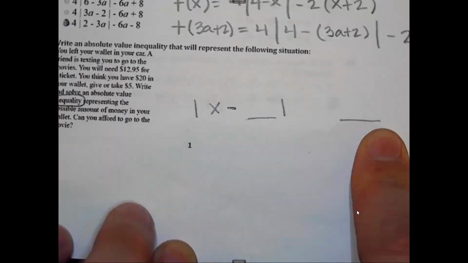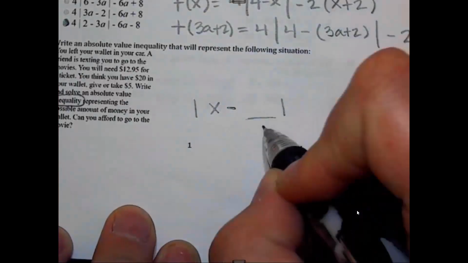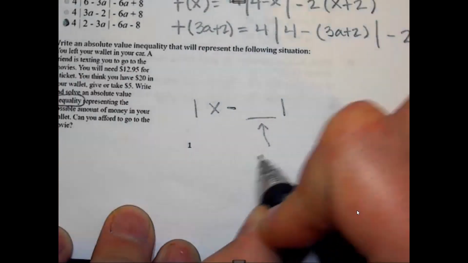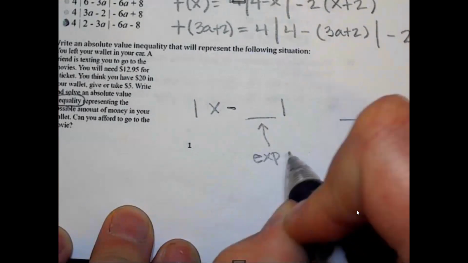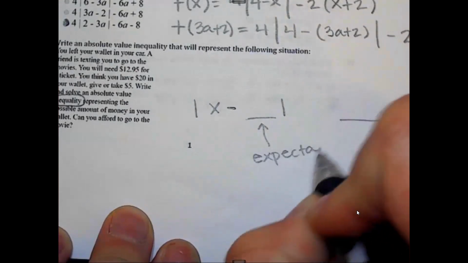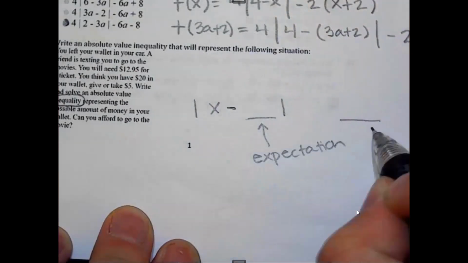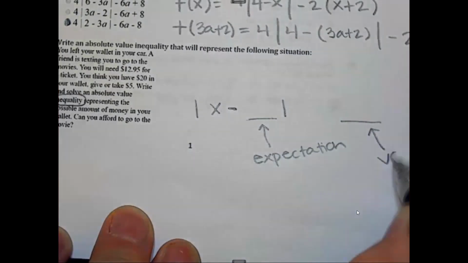All right. So this number was always the expectation. This number was always how much it could vary by.